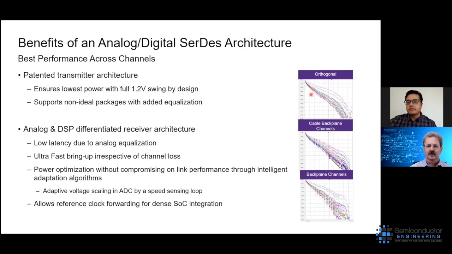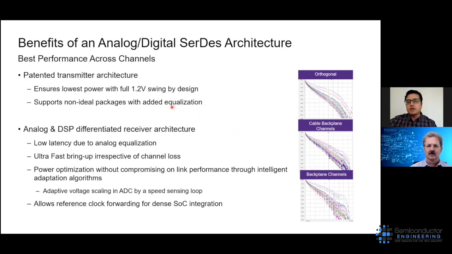So you need an architecture for best performance across channel. I'm showing here different channels for hyperscale data center. There are orthogonal channels, there are cable backplane channels, and there are different versions of it. These are the channel S parameters as submitted at IEEE and OIF, and this shows a wide variety of performance of different channels. So there's a requirement that the SerDes performs best in class across all these channels, across frequency ranges.